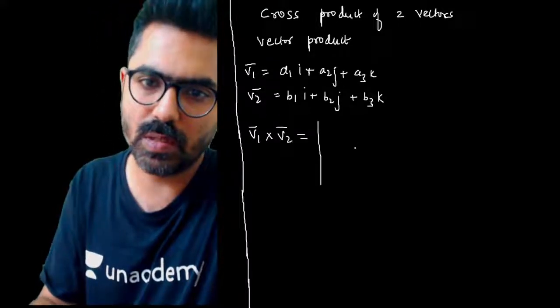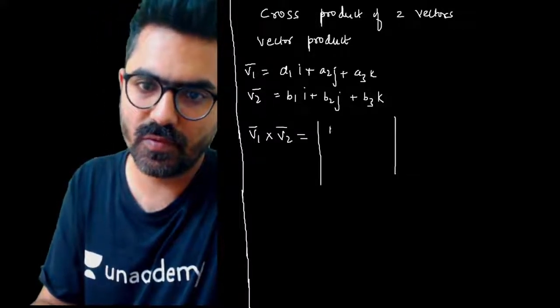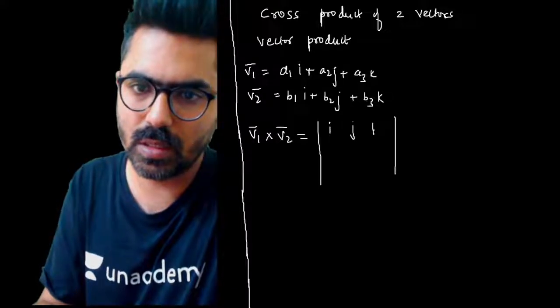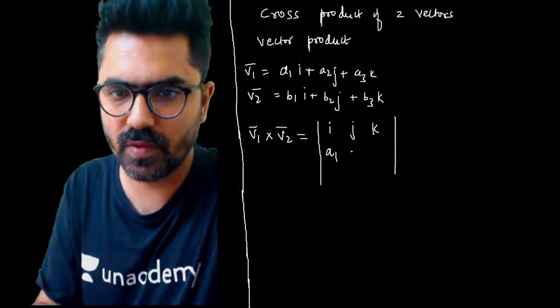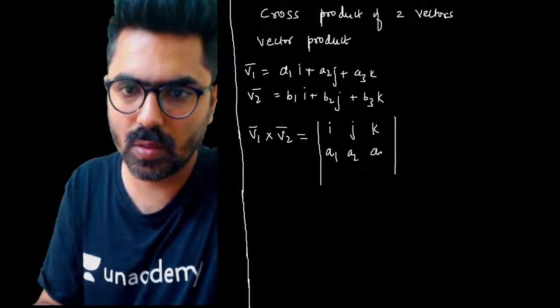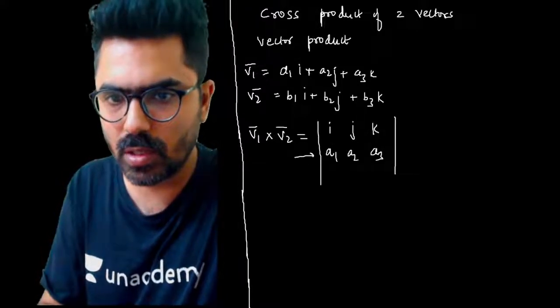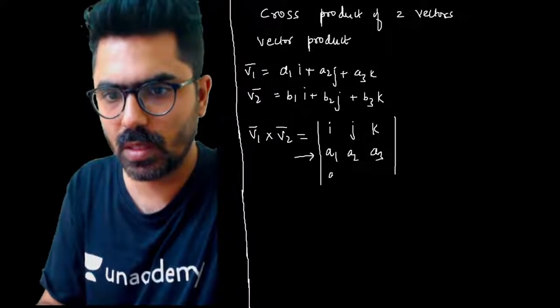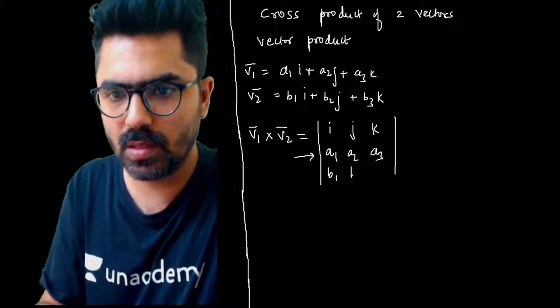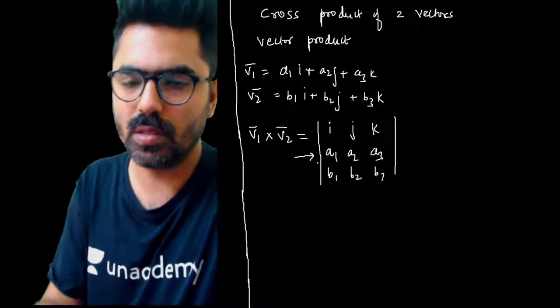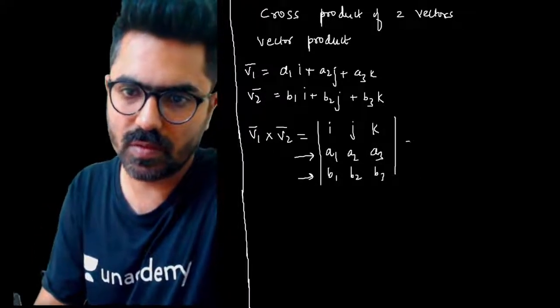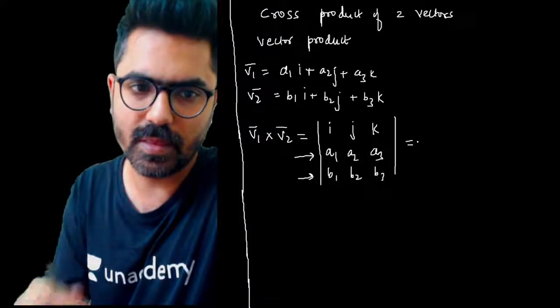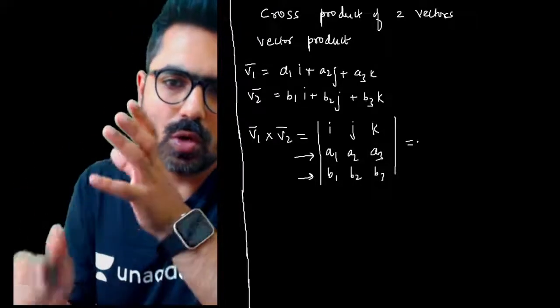It is given as the determinant of i, j, k. If you don't know how to find the determinant, I'll explain after this in a particular example. Then A1, A2, A3, here I have written the components of vector 1. After that B1, B2, B3, here are the components of vector 2. After solving this, you will get a resultant as a vector, and that vector will be the cross product of V1 cross V2.